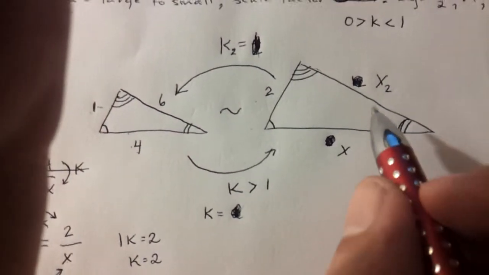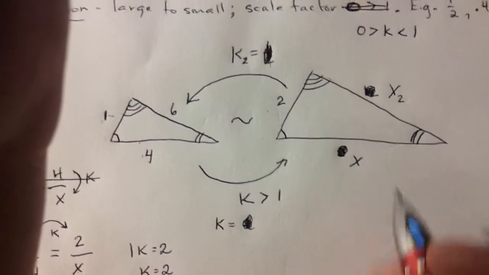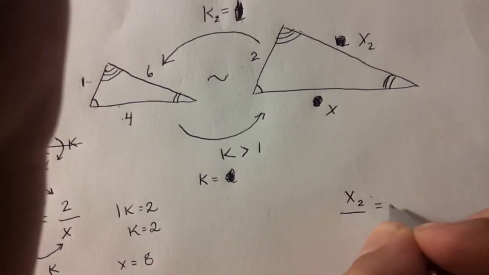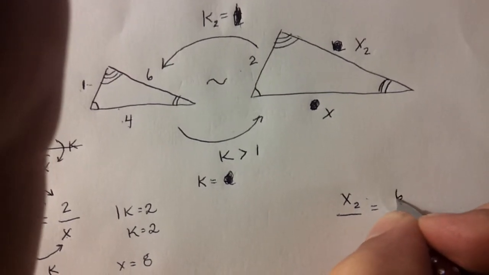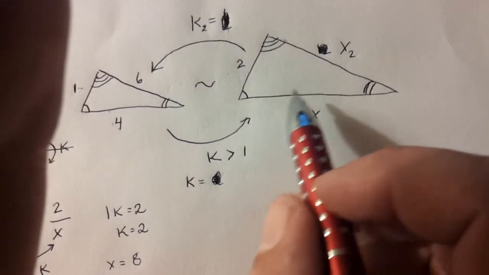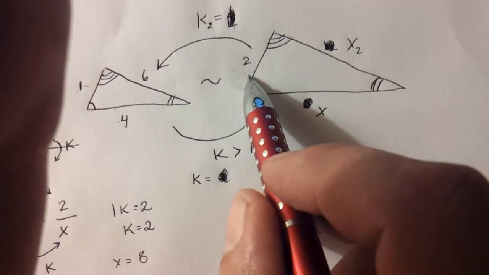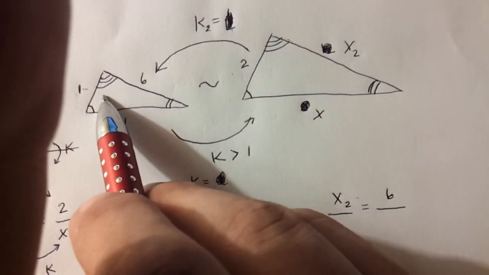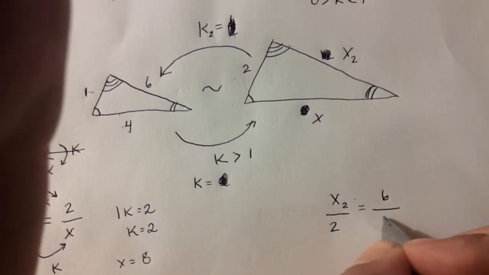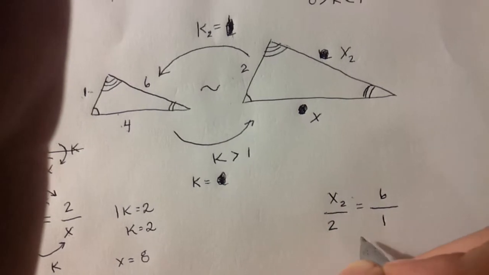So let's start setting up a proportion. Let's say that x2 and its corresponding side 6 are going to be in the same ratio as 2 and 1, the other pair of corresponding sides.